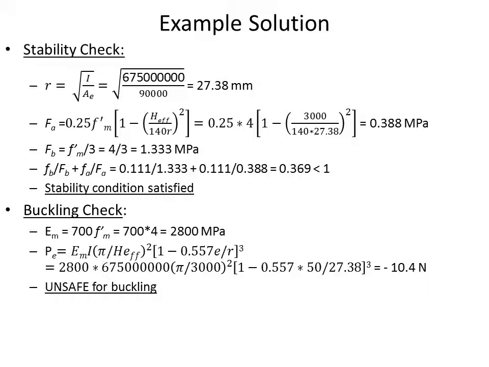So this will give us negative 10.9 E4 Newton. Of course, a negative value, this is unrealistic. That means that for sure it's unsafe for buckling. It could not even carry itself, could not even carry its own weight. So this wall is unsafe for buckling. It will buckle under any conditions.